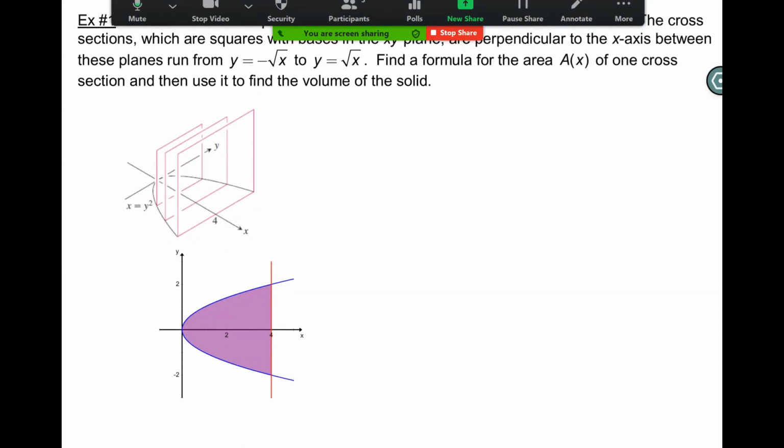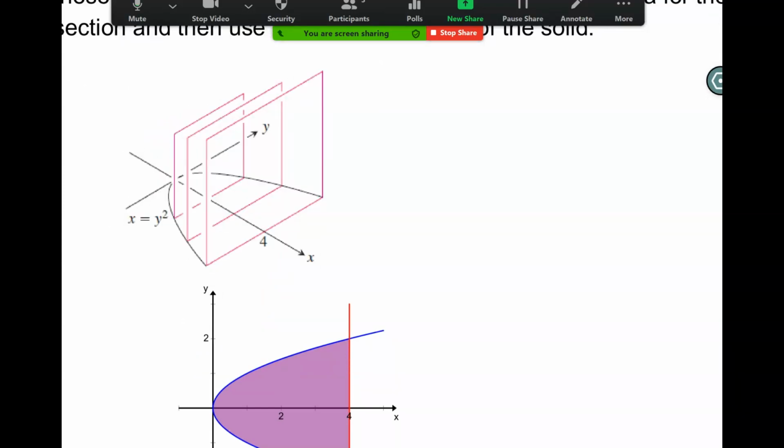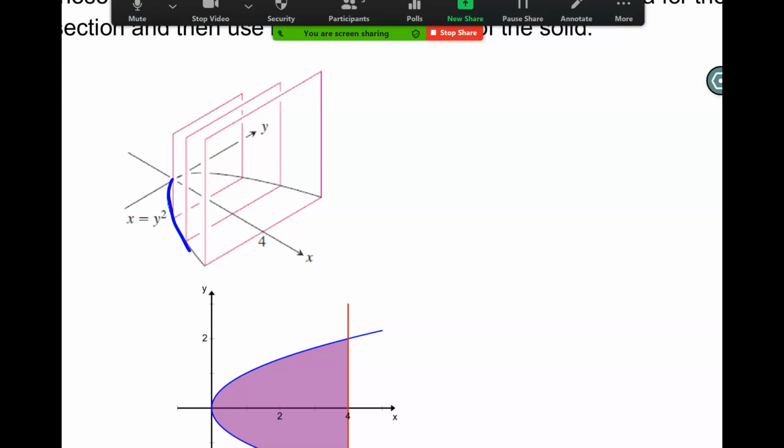First, you can see the cross section is going to be a square because we're going from y equals negative root x to positive root x. Let's zoom in a little bit. Right here is the graph of y equals negative root x.